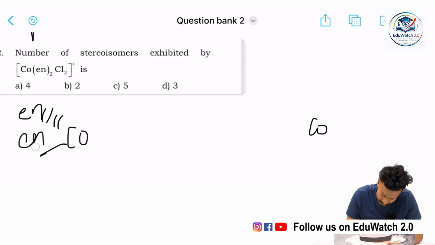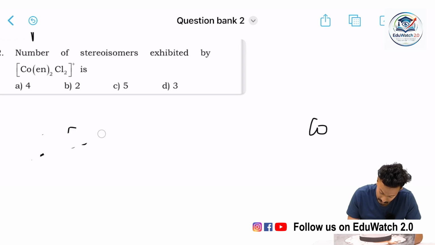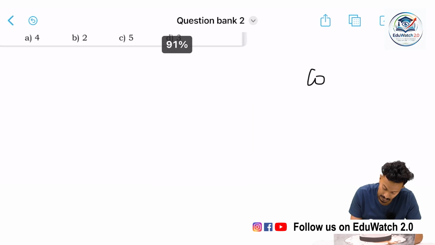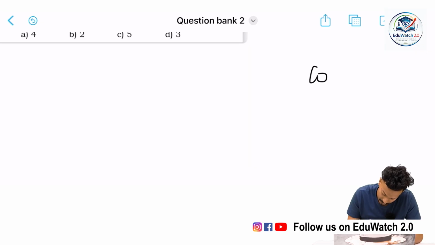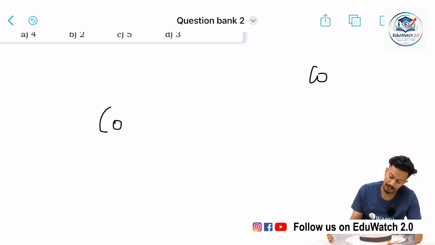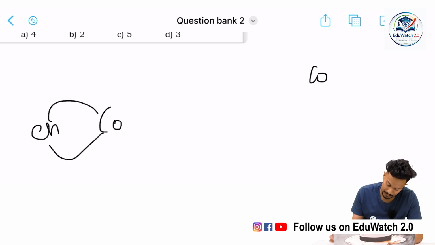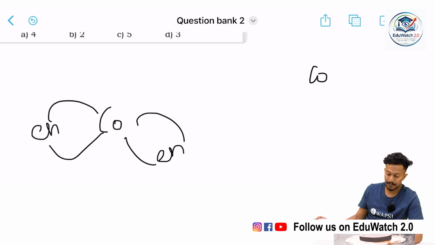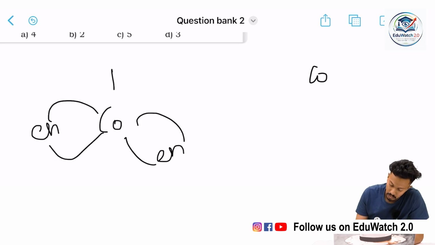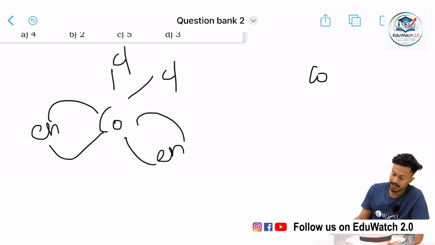One second, let me just draw a complete structure of this one. Central metal atom cobalt. Okay, we do have en, ethylenediamine here, ethylenediamine here. Okay, 2 chlorines right about here.